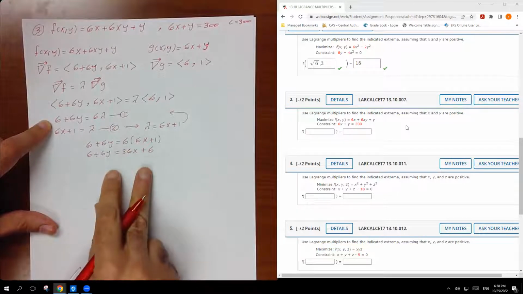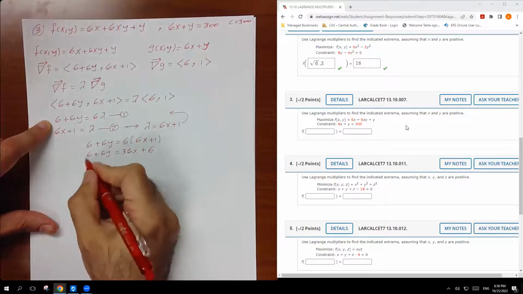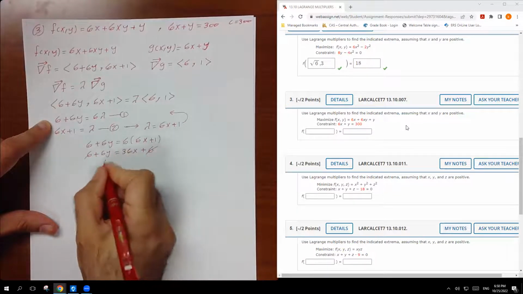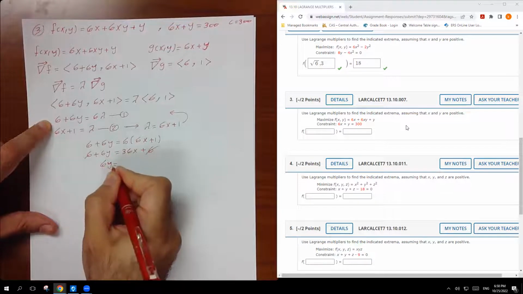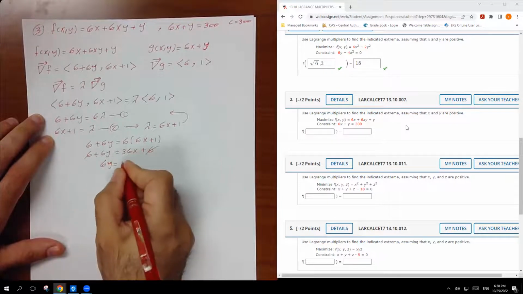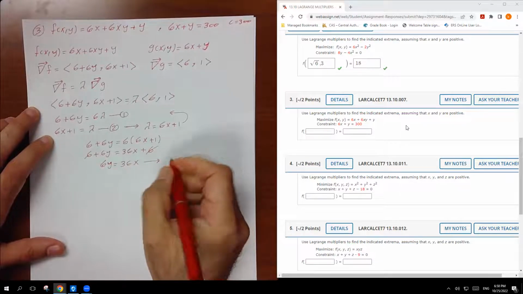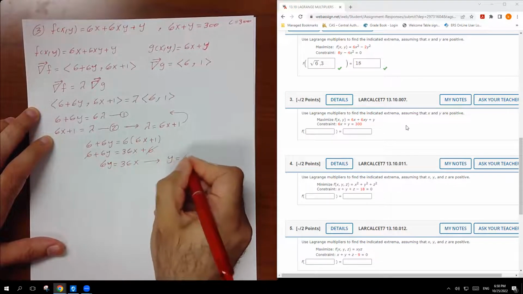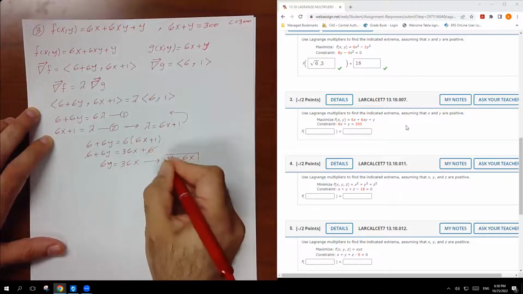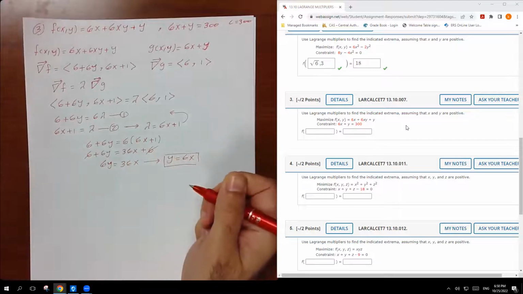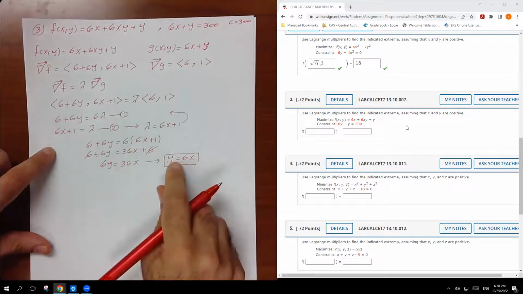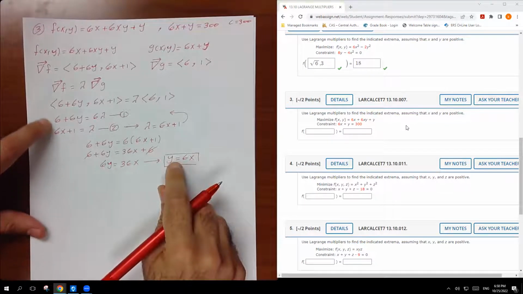Now we're going to solve it for y. Minus 6 from both sides. That means 6y is going to be equal to 36x. Divide both sides by 6, so y is going to be equal to 6x. This is the value of y. Now plug this one into the constraint.